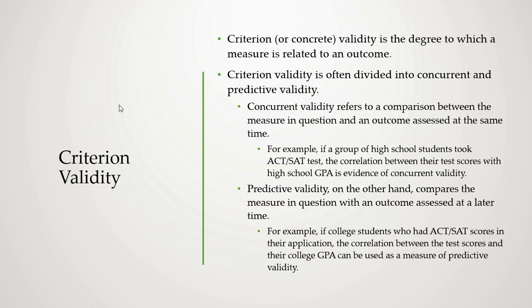Let's assume that those high school students later went to college and their ACT/SAT scores were correlated with their college GPA. In this case, a high correlation can be used as a support for predictive validity because ACT/SAT test scores show the predictive power of their academic aptitude in college.